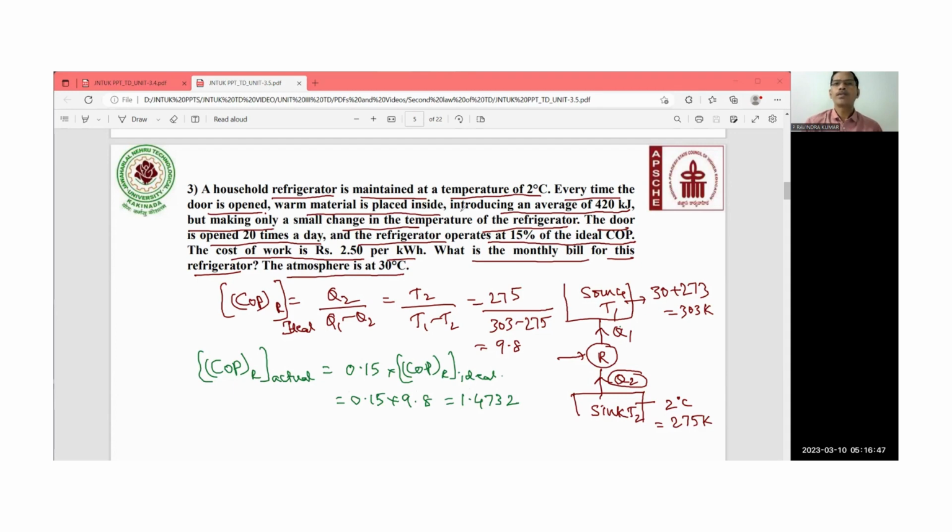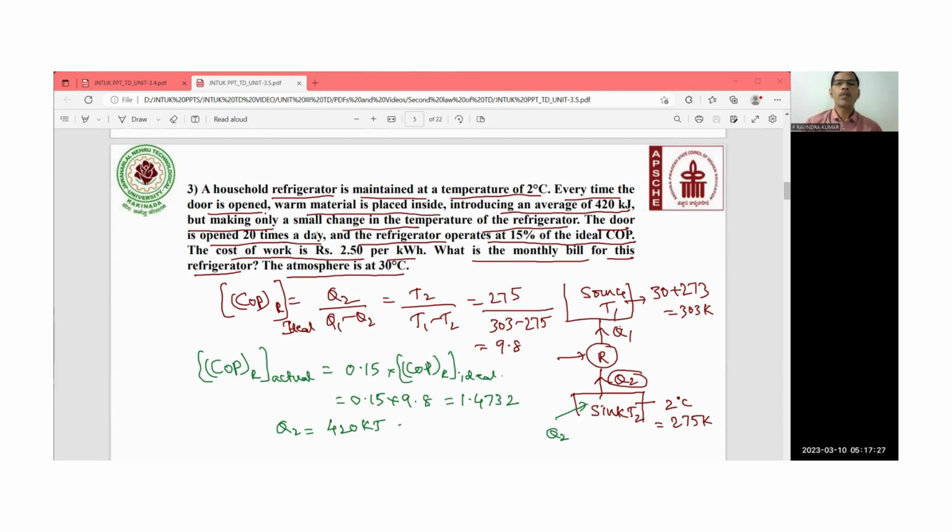Now a warm material is introduced inside, introducing an average heat, so the heat leaking is Q2, which is 420 kilojoules. That means the heat to be removed in a day. It introduces an average of 420 kilojoules, but makes only a small change in temperature of the refrigerator.